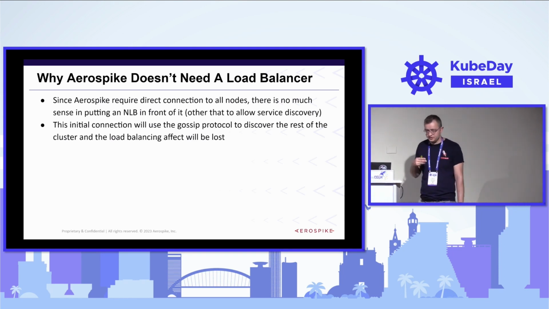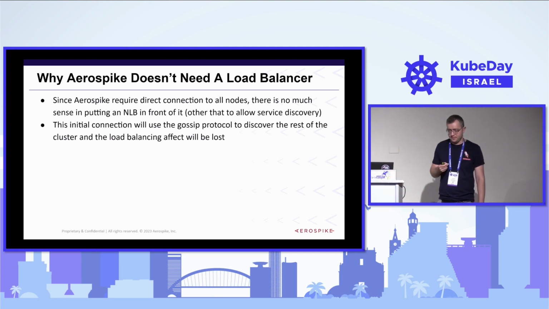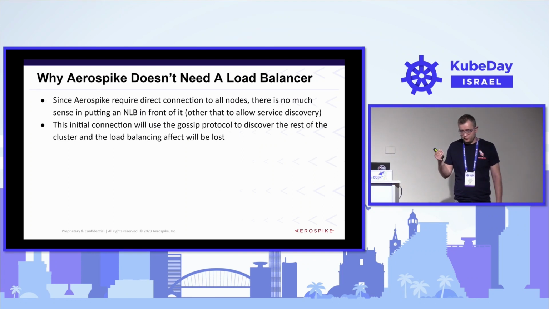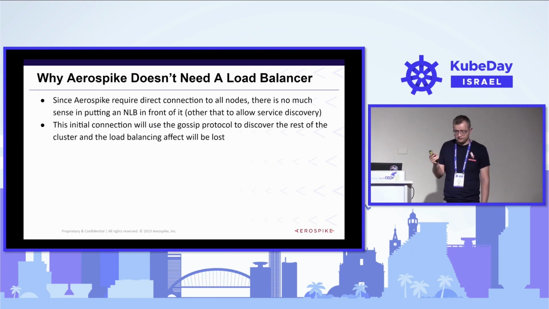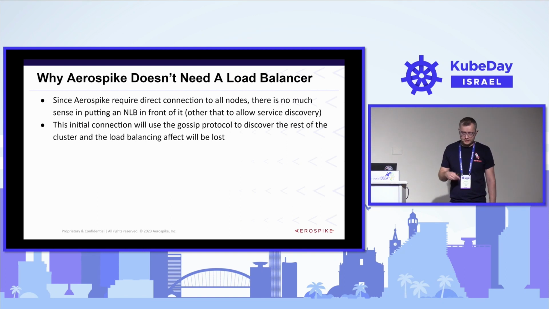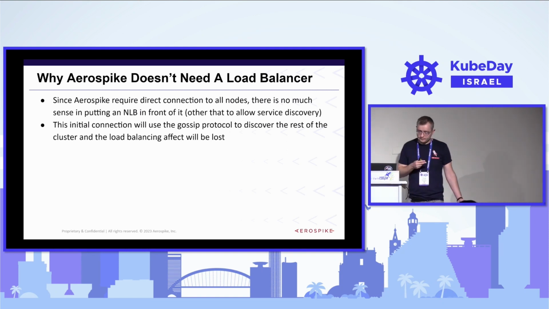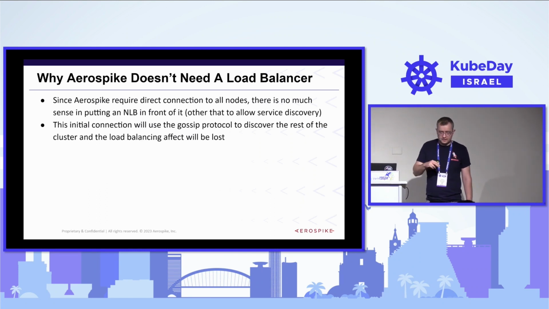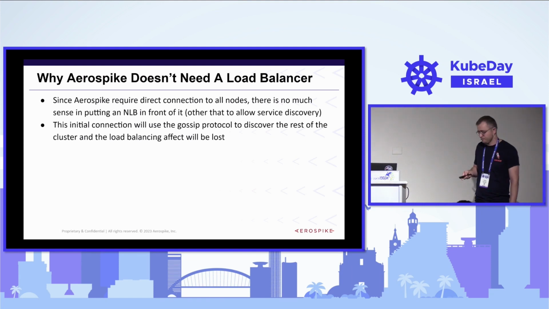For example, an Nginx web server. It doesn't matter how many instances you have. For you, it doesn't matter which of the pods will process your request. In a stateful application, it does matter. Why? Because it depends on what data this specific pod that you interact with holds.